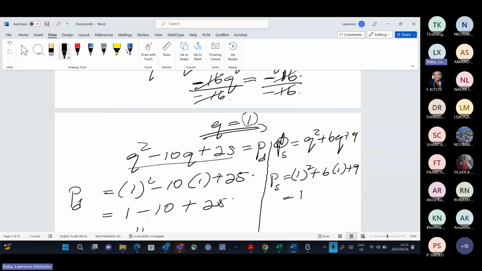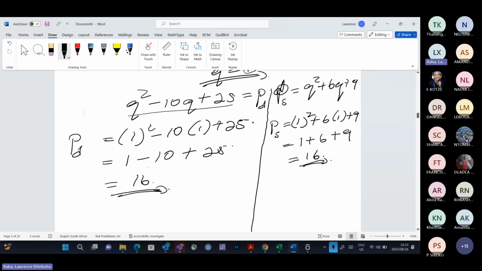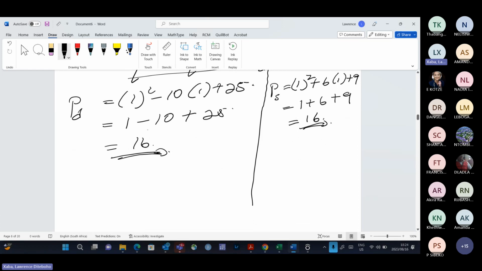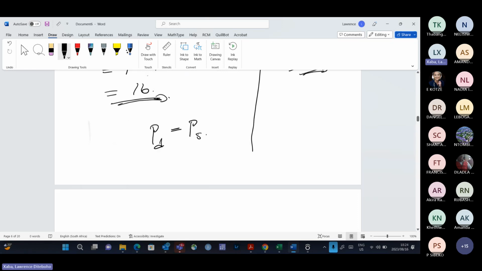Then we have 1, plus 6, plus 9, then we have 16. So we have 16 and 16. So it means you can say P subscript D is equal to P subscript S.